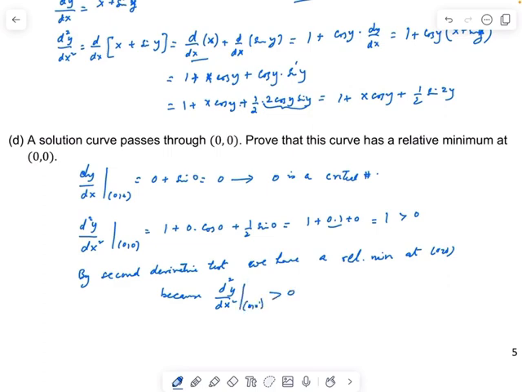So this is the second derivative test, which says that if at a critical point the second derivative is greater than 0, meaning the second derivative is positive, we have a relative min value at that point. If the second derivative is negative, then we have a relative max at that point. So this is how, without looking at the solution, we can answer so many questions about the solution.